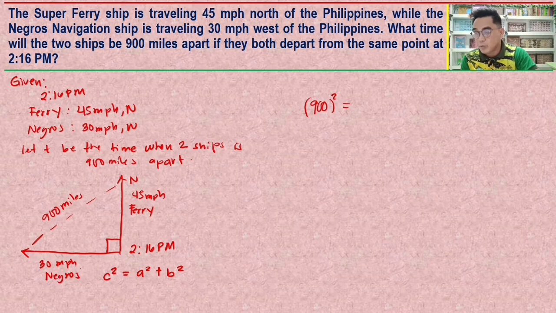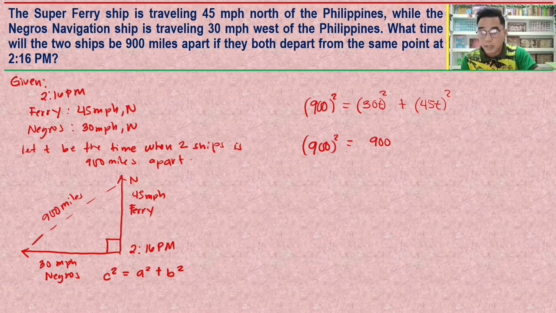In this case, we're going to use the Negros as our a, squared, plus 45 miles per hour. Since we are asked to solve for the time, we're going to put t inside the parentheses: (30t) squared plus (45t) squared. That is this 900, and we're going to compute it.